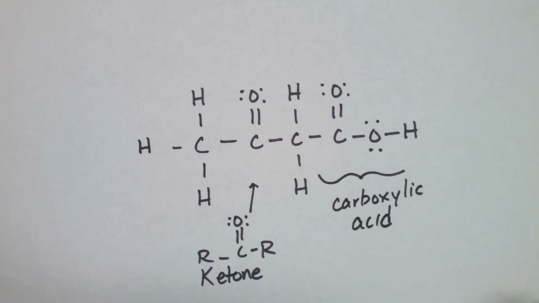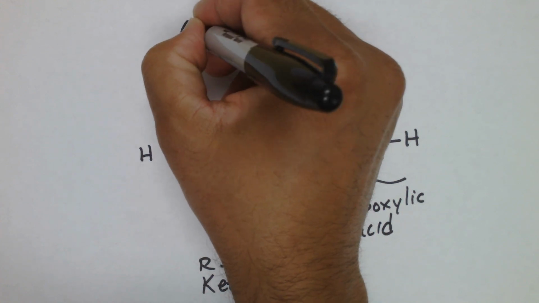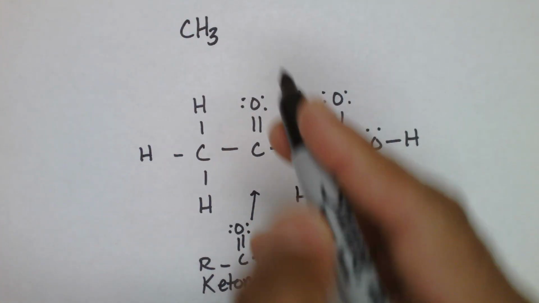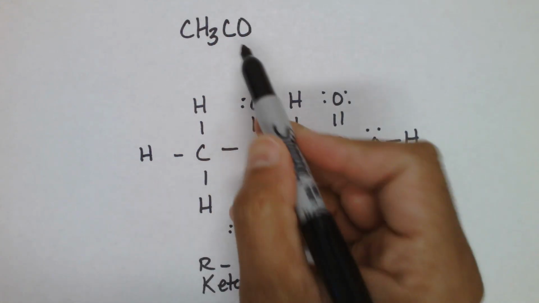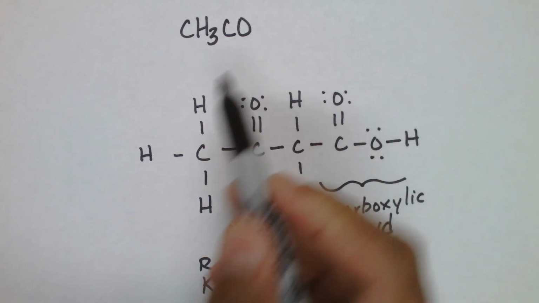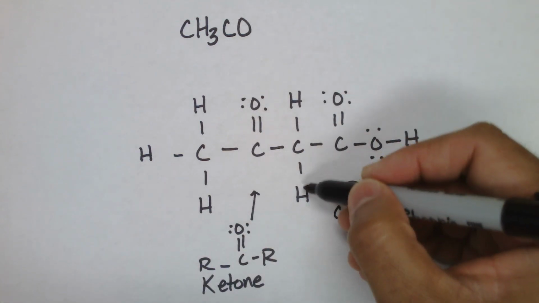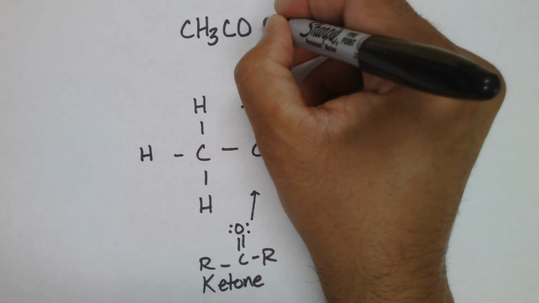So let's draw this condensed formula. Going from left to right, we have the CH3. The carbonyl, recall, is just CO. This carbon does not have any hydrogen on it, so just CO. After the oxygen, we'll write the next group that's bonded to the previous carbon, and that's CH2.